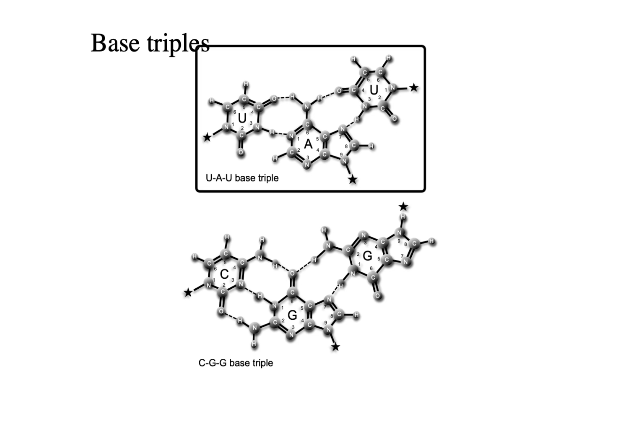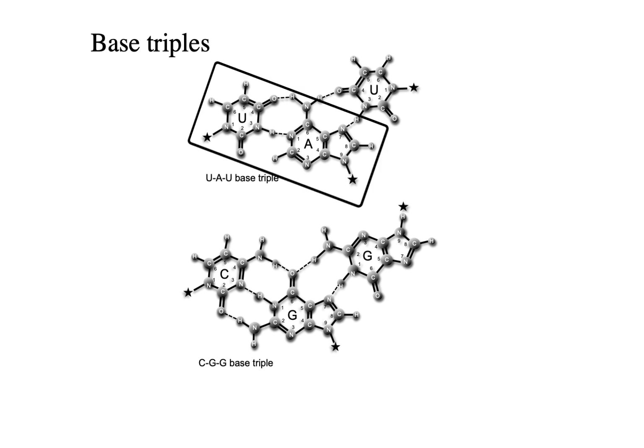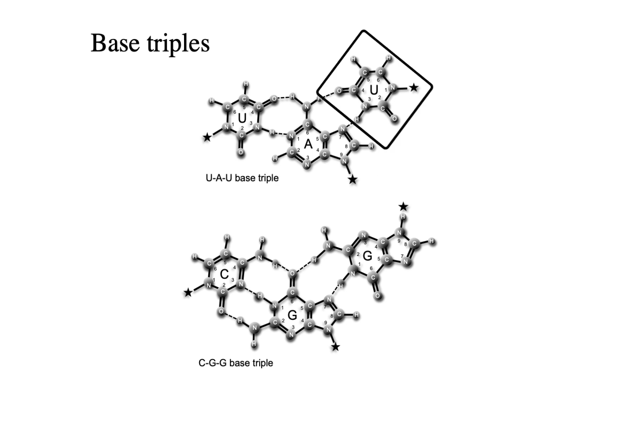So here's a UAU base triple, and these little stars are where the sugar bases are attached. So there's a standard AU pair, and then there's another base joining in here, another uracil, which is interacting along its Watson-Crick edge to the Hoogsteen edge of the adenosine.